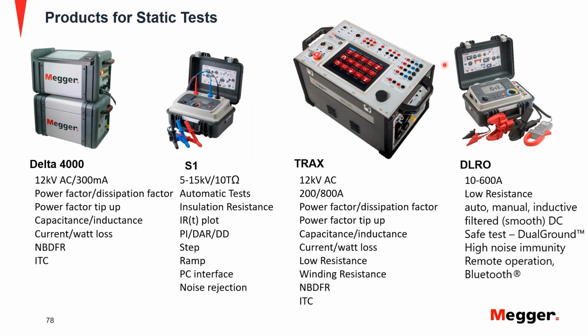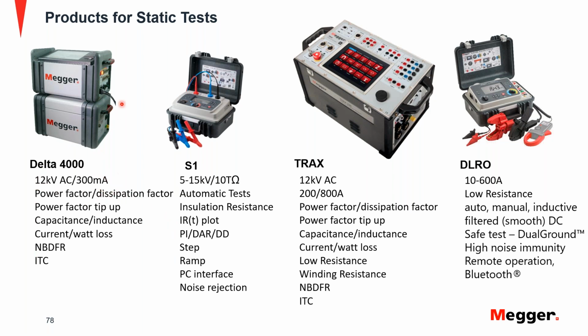And there are other instruments that we have that can be used. Remember, all the tests that we talked about today were insulation tests. The Delta 4000 is an AC insulation tester that can do power factor, everything related to power factor, and that goes all the way to 12 kilovolts.